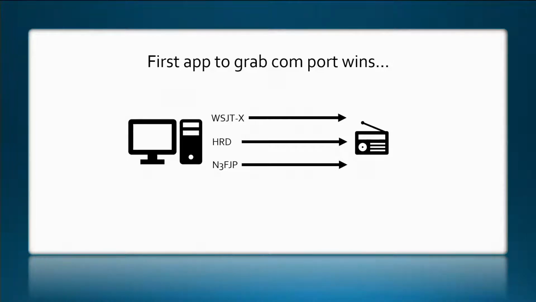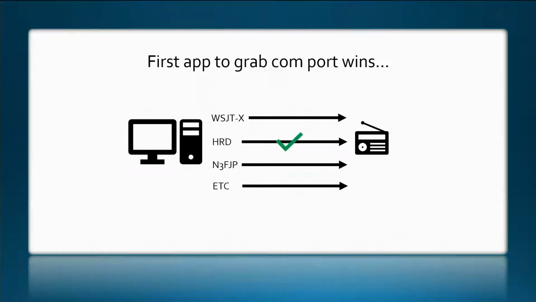But again, now we have yet another application that wants to communicate to my radio through a single cable connected to my computer. And the list goes on and on. There are literally dozens of different applications today, designed to run on Macs or PCs, that want to communicate to our radios to set configuration or pull configuration from our rigs.